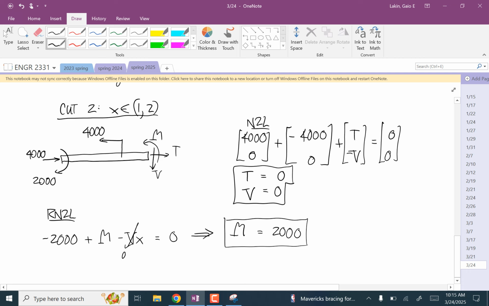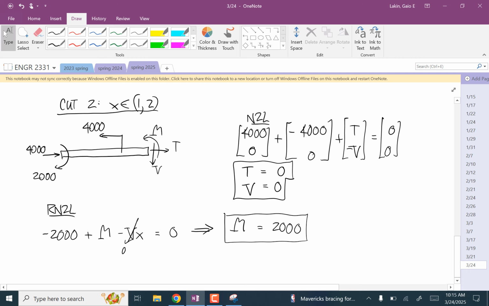Okay, so we are going to get an x normal stress. So every cross section is going to have the same profile of x normal stresses, because the bending moment is the same over the whole beam.